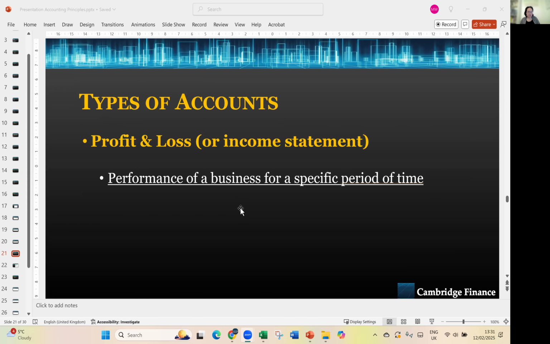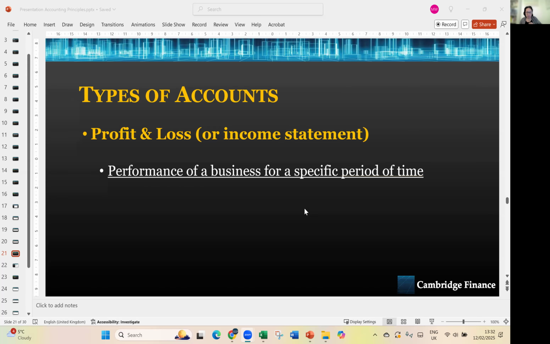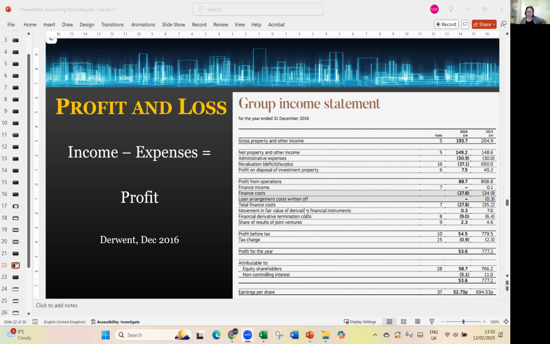Okay, so what else do we have here? Profit and loss. Profit and loss is mainly to look at the performance of a business for a specific period of time, like whether the company is profitable.